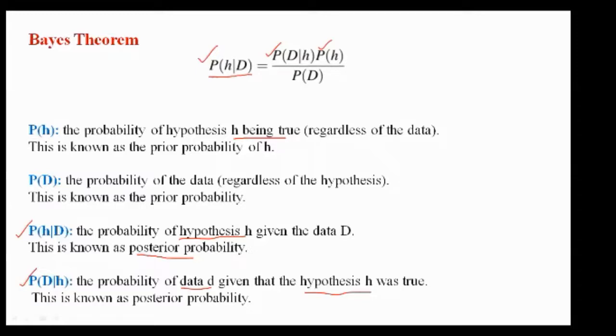This is known as the prior probability of H, and divided by P of D. P of D is the probability of data regardless of hypothesis, and this is again known as prior probability. So this is the Bayes theorem. Using this Bayes theorem, the classification technique is used. This formula we have to use for classification.